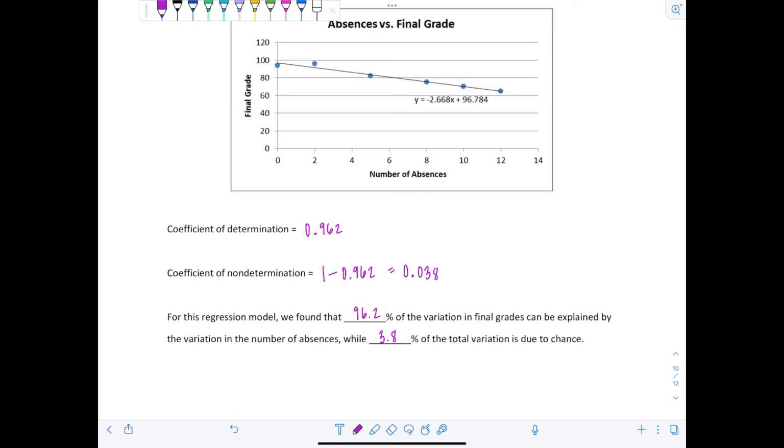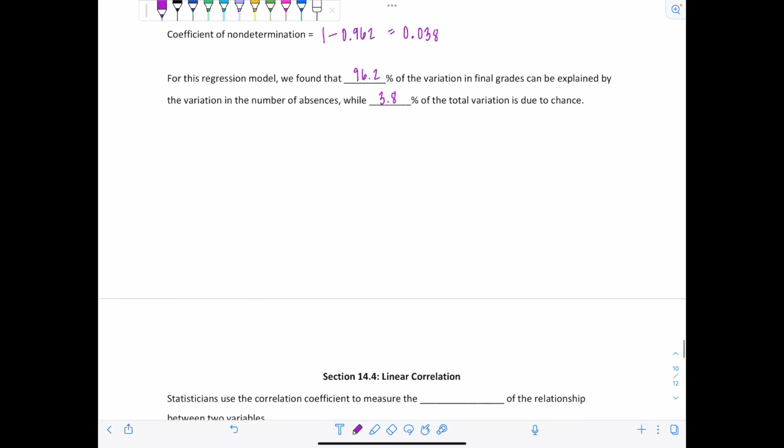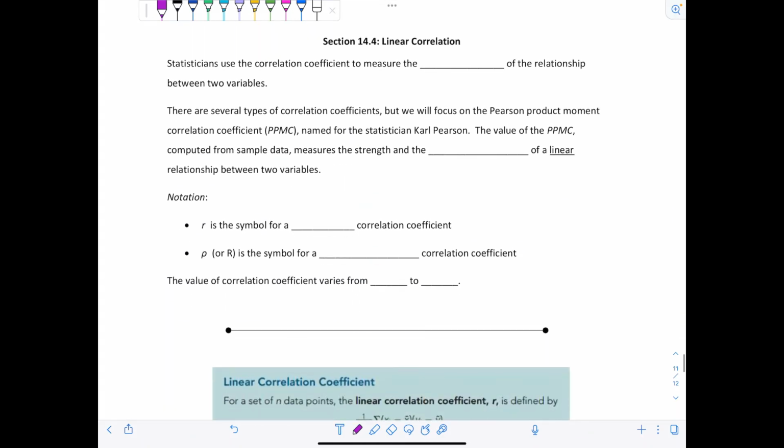Okay, moving on, last section in this chapter is section 14.4, linear correlation. So statisticians use the correlation coefficient, we'll learn what it is, to measure the strength of the relationship between two variables.